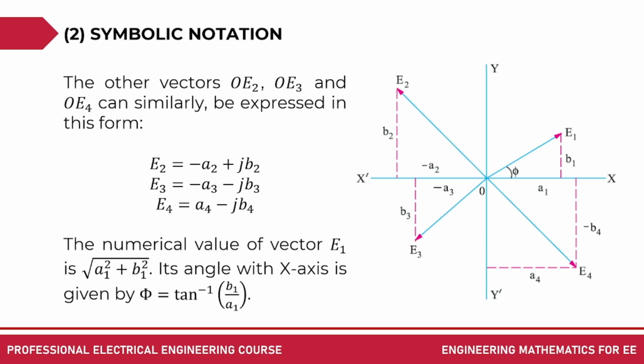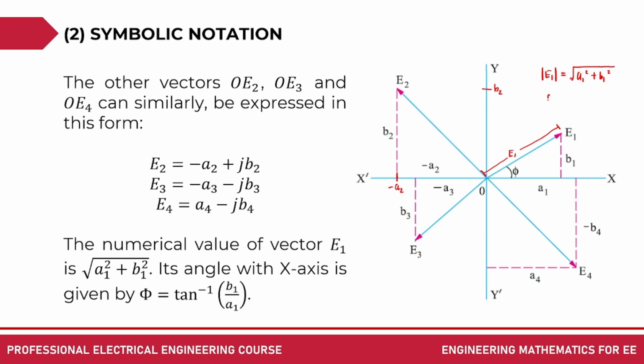If we try to name other vectors, we can name them in this way. Let's say for E sub 2, we have negative A sub 2 because this one has a negative value of x, and then B sub 2 is here. Another thing is that if we want to get the full length of this vector E sub 1, using the Pythagorean theorem, we have the square root of A sub 1 squared plus B sub 1 squared.